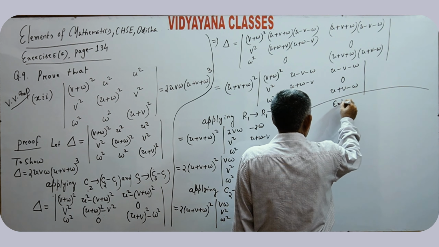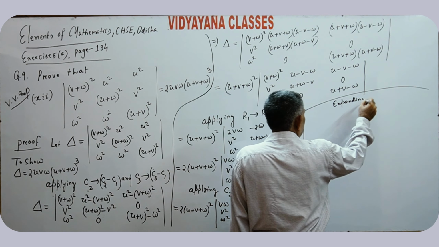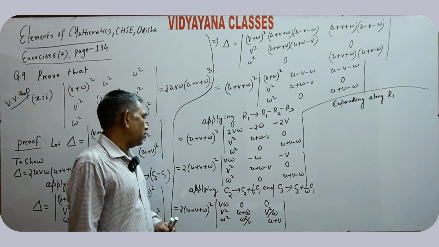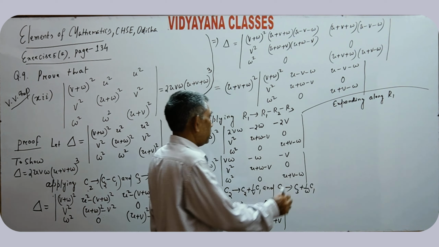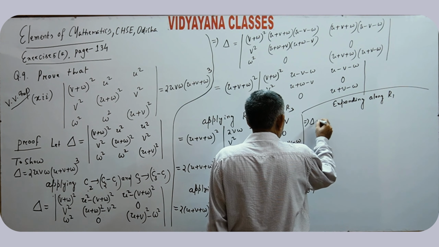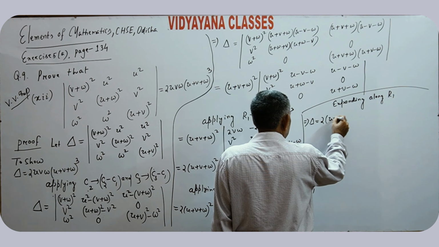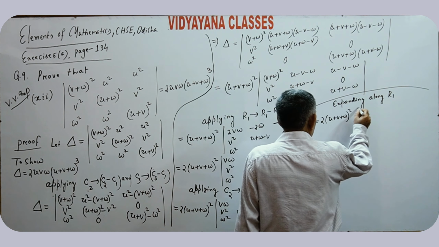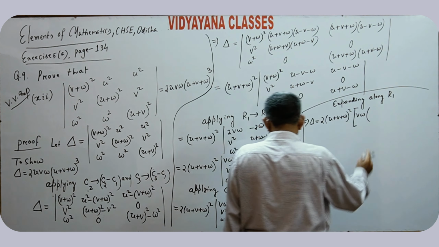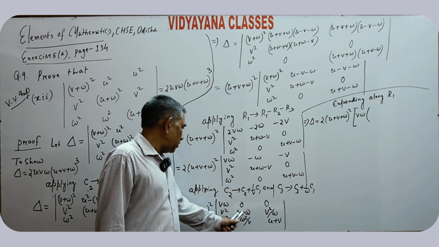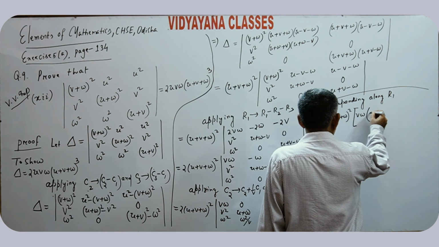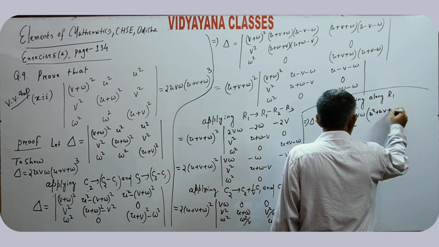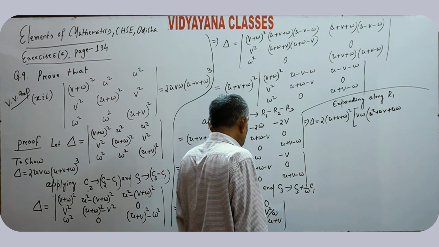Expanding along row 1, since row 1 contains maximum zeros, this implies del is equal to 2 times (u plus v plus w) whole square into vw, this into this, that means u square plus uv, u square plus uv, uw plus vw.